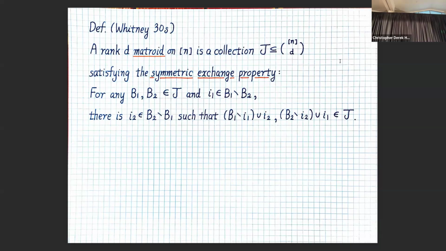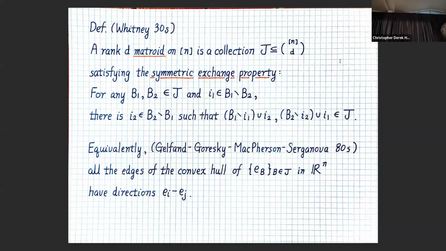I used to be allergic to any statement that includes more than 3 quantifiers, and I think the same is true for many of us, maybe not all. But I'll show you shortly another characterization equivalent to this, which uses far fewer quantifiers. But this is the definition. The other definition was, in a sense, accidentally found by Gelfand, Goresky, MacPherson, and Serganova when they were studying torus orbit closures inside the Grassmannians. It goes as follows.